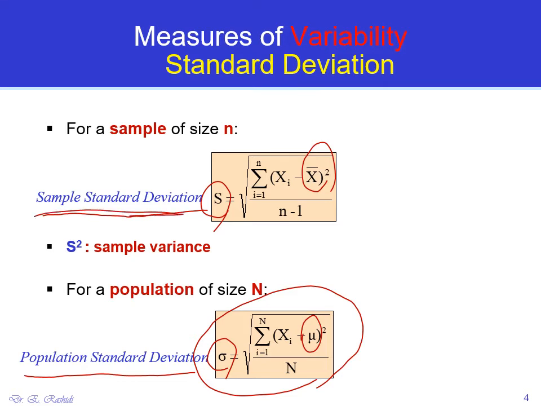For the sample standard deviation, we divide the value by n minus 1. For population, we divide it by N. So remember all this. Also, the population standard deviation, sigma, if you square it, becomes the variance of the population. So sigma squared is the variance of the population. All right.